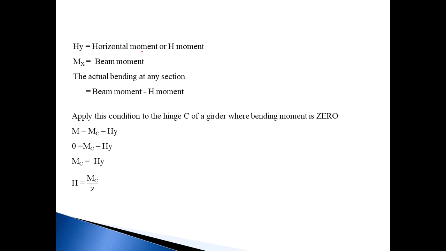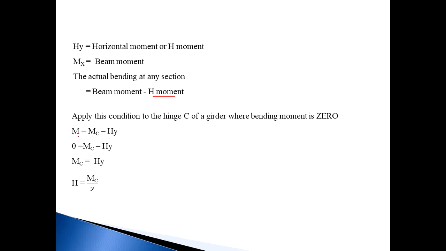Hy is the horizontal moment or H moment, Mx is the beam moment. So the actual bending moment at any section is equal to beam moment minus H moment. Then apply this condition to the hinge C of the girder, where the bending moment is 0. Means where the hinge is, the bending moment value for the hinge is equal to 0.